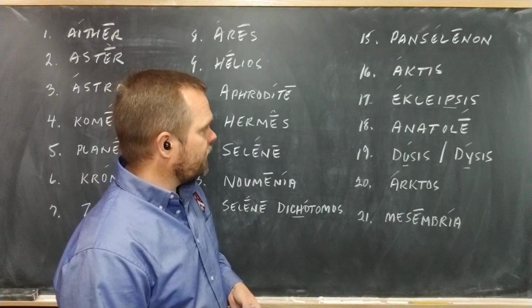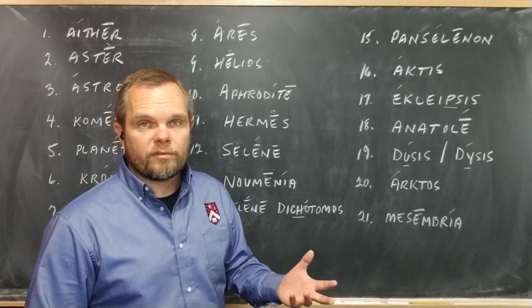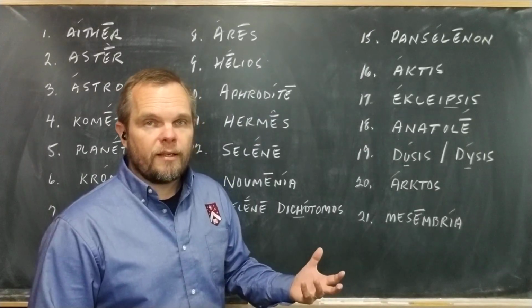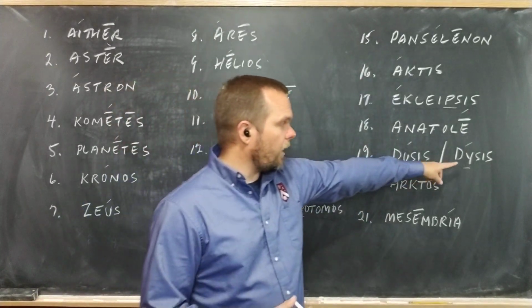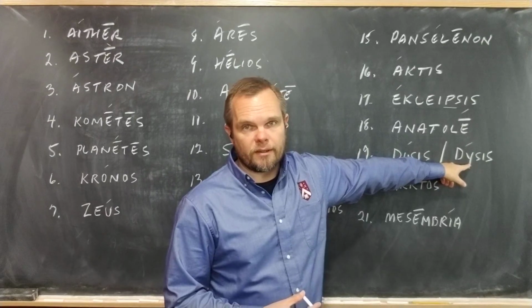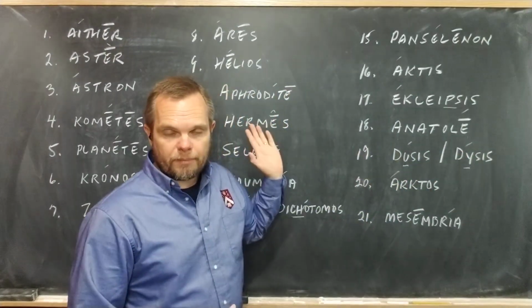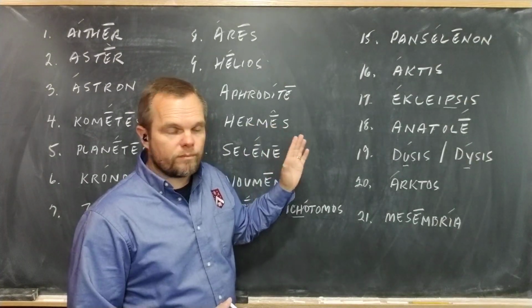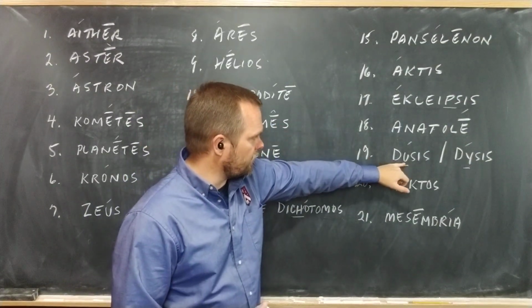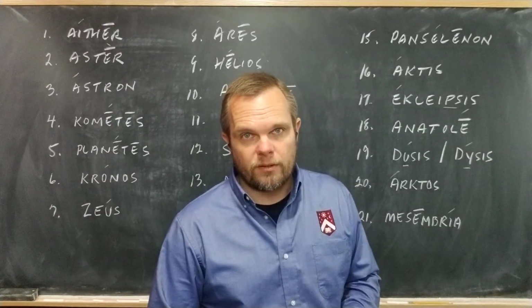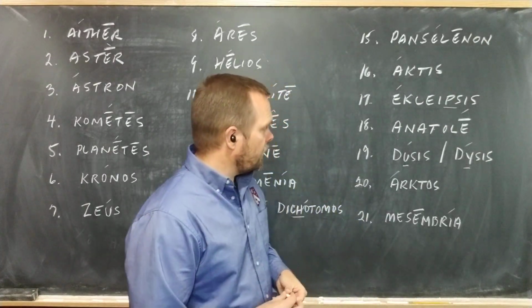So we would have the U from Latin, and we might have an upsilon from Greek. And so sometimes the letter Y is used in English to represent the upsilon. The letter U is kept for the Latin U. So we could use either the U or the Y to write the word dusis, the west.